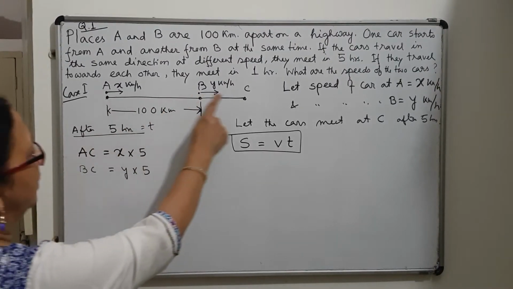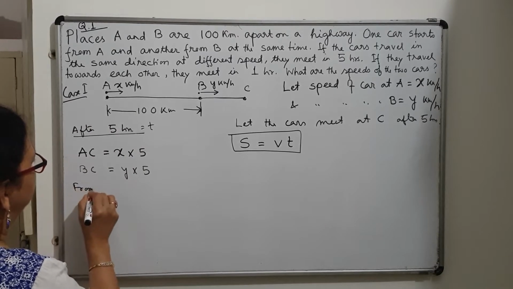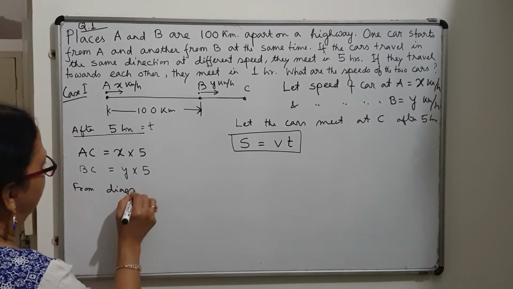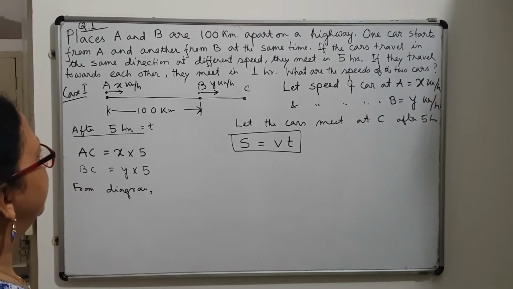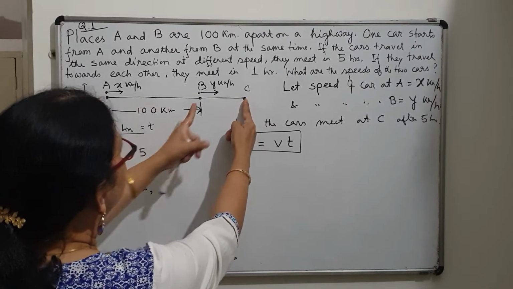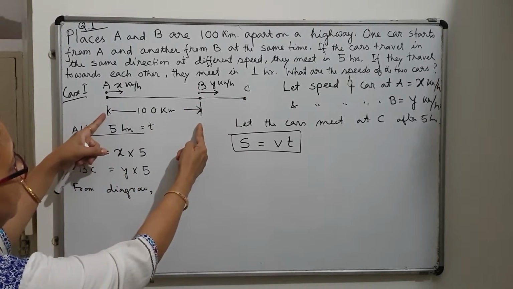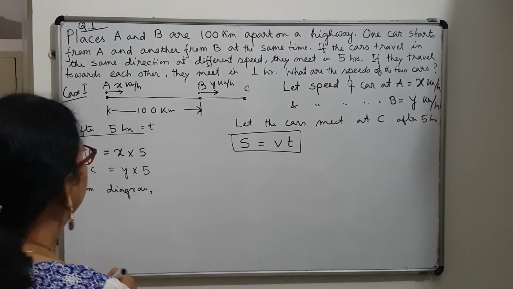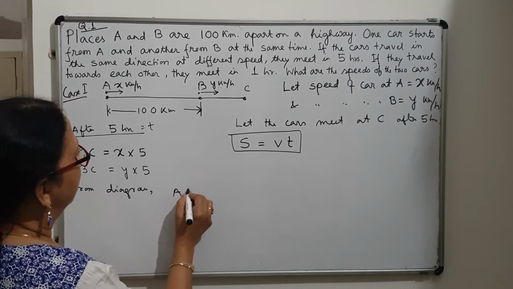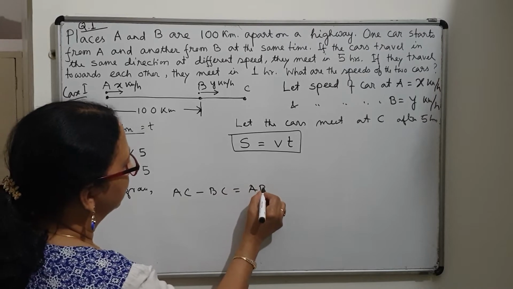Now look at the figure. From the diagram, we find that AC minus BC is AB, because AB is known to us, so I can form an equation in that way. AC minus BC is AB.